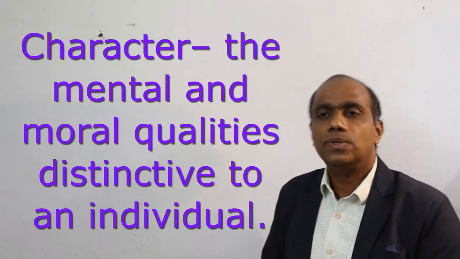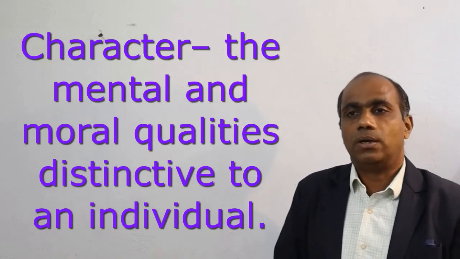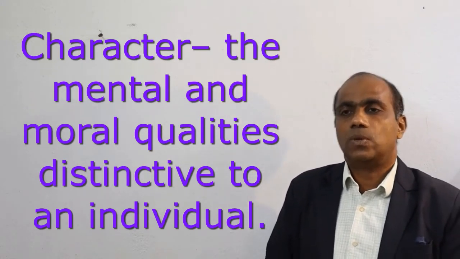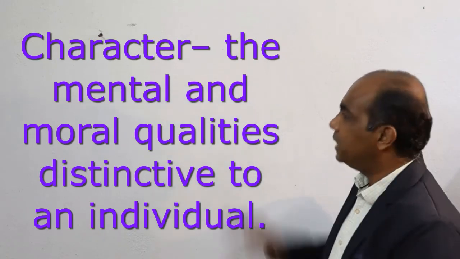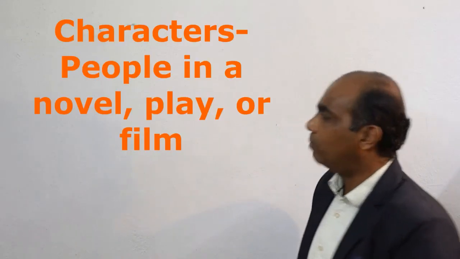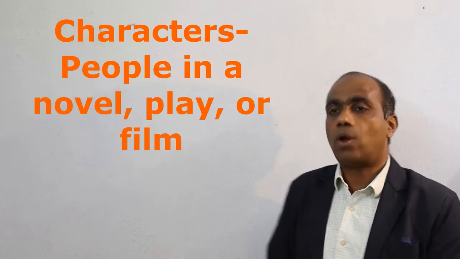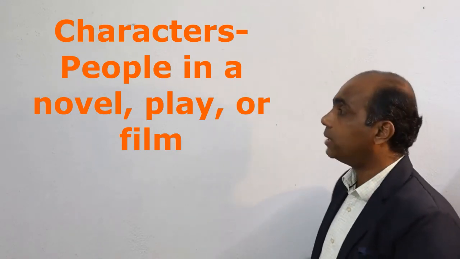Character, the mental or moral qualities distinctive to an individual, that is called a character. Then in plural form the meaning is different. Characters, people in a novel, play or a film.